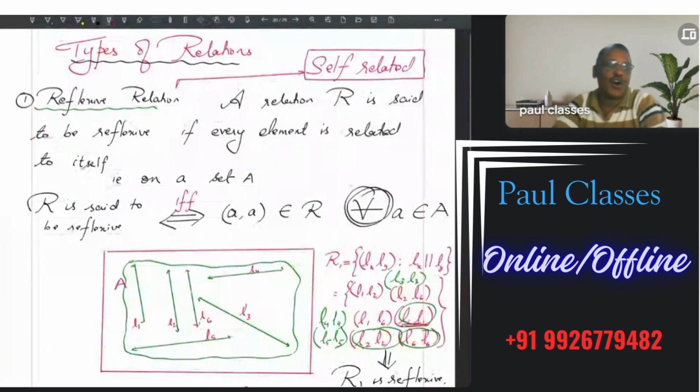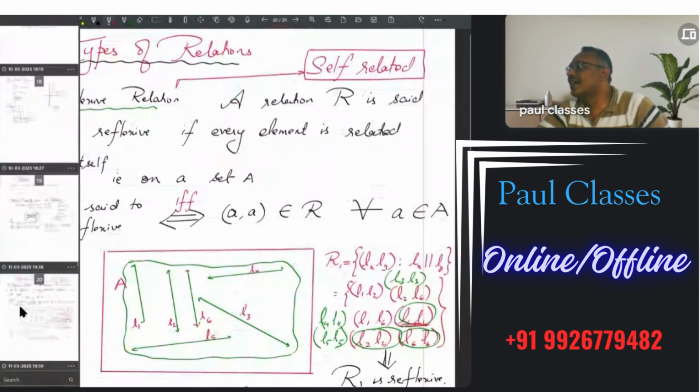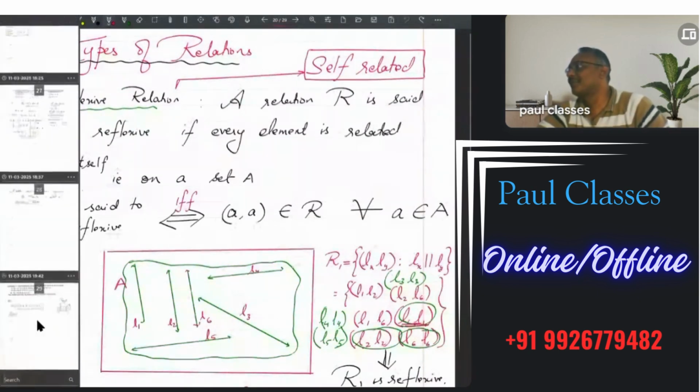For all. It has a very very good importance. For all. एक भी छूटना नहीं चाहिए, है ना? That's what I am telling you. Everything should be related. Then I call it a reflexive relation.